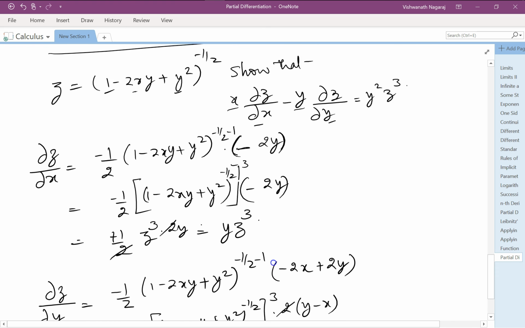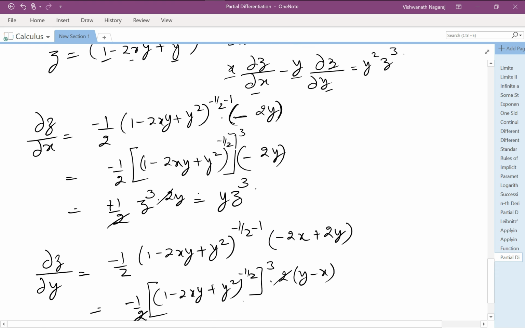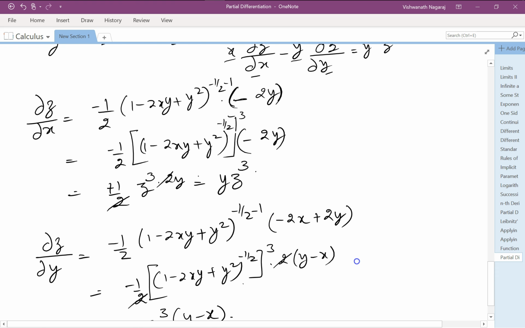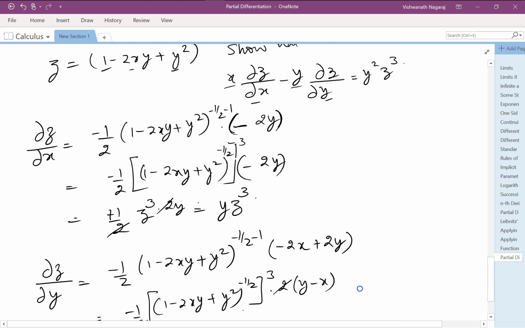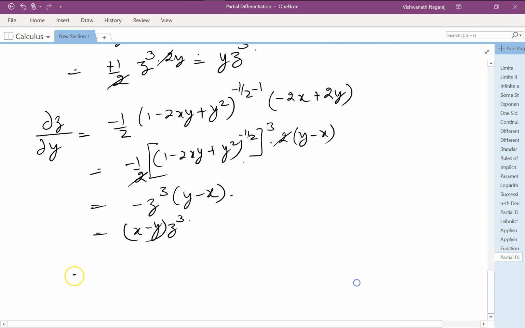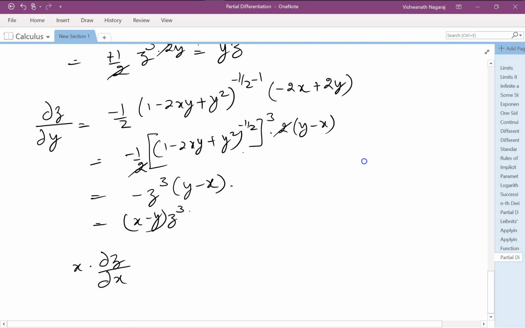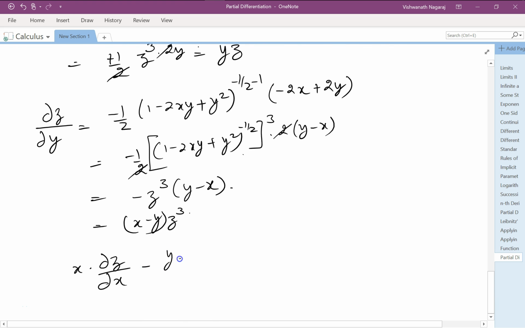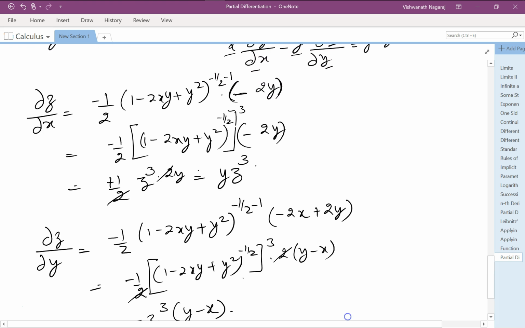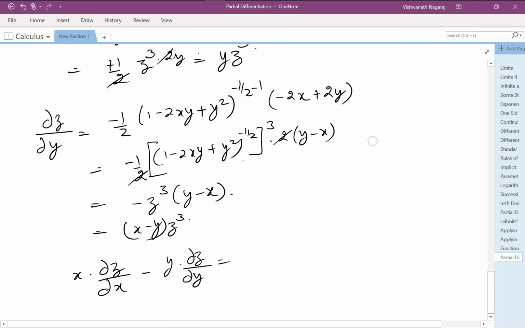Okay. Now, what do we have to show? We have to show that when we multiply x and y respectively, we get y square z cube. X times dou z by dou x minus y times dou z by dou y is equal to y square z cube.